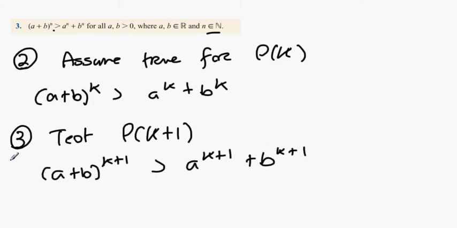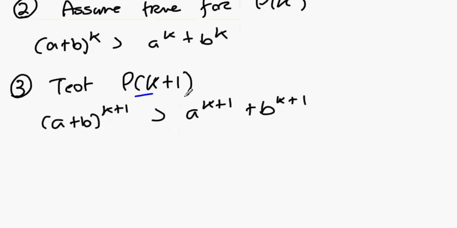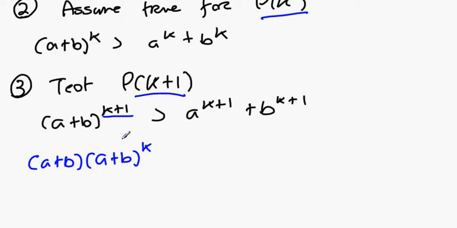Now what we're going to do is we're going to try and make P of K plus 1 very similar to P of K if we can. So we're going to break this up into A plus B by A plus B to the power of K, breaking up my index.